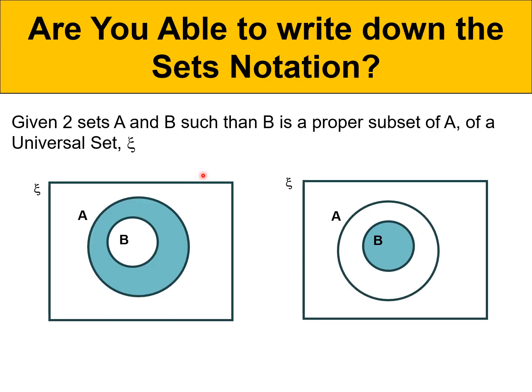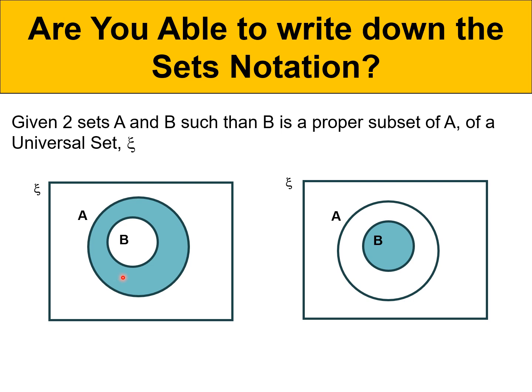How about these two examples? Are you able to write down the set notation? In these two examples, we see that set B is a proper subset of A. Are you able to write it down? Over here, the one on the left, I see that the region is outside of B, but inside of A. Outside of B simply means I will definitely have B complement.